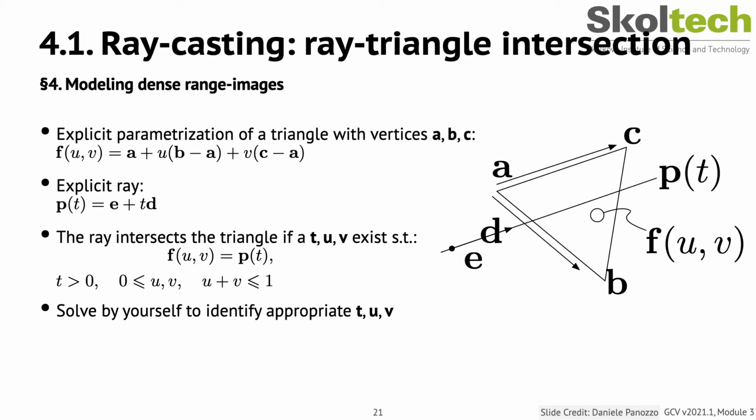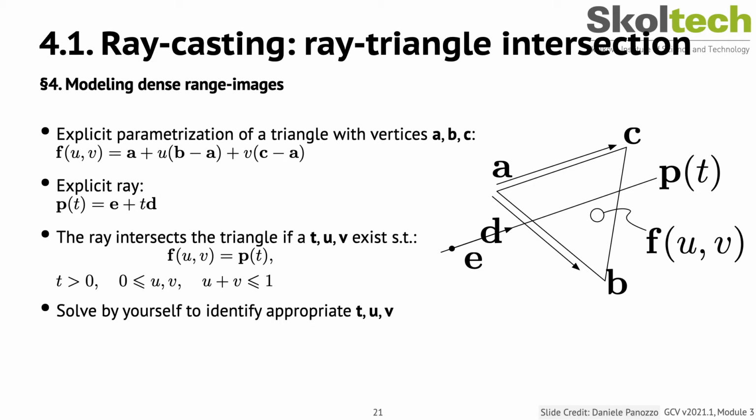To compute a ray triangle intersection, we need to recall how we actually represent any point in the triangle. Let f of uv be an explicit parameterization of a triangle with vertices a, b, and c. So f of uv is basically the xy coordinate of any point.